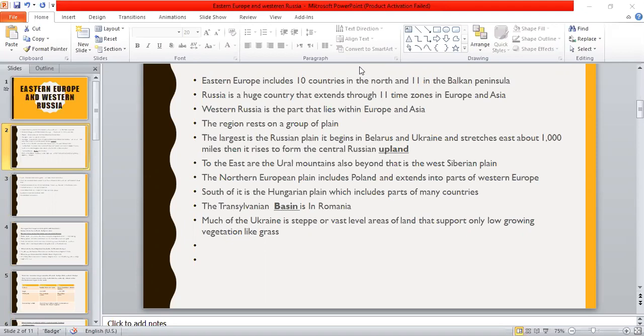Why is there Balkanization there? Can anyone answer? Please raise hands. Who can tell me why there is Balkanization in this area? Or do I have to re-explain it again?